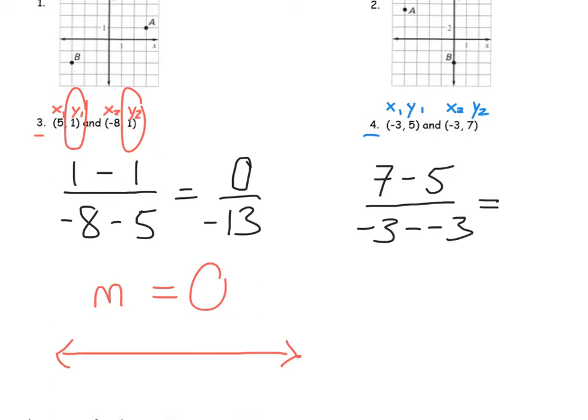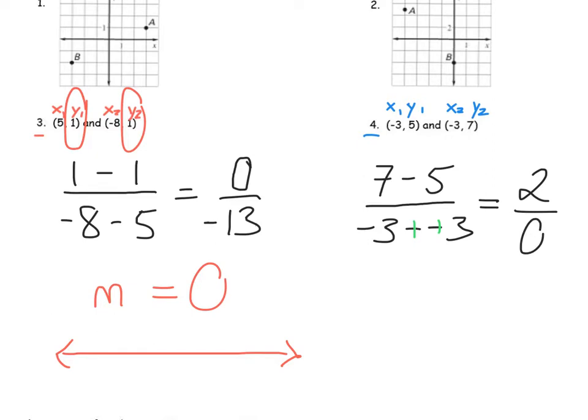So in my numerator, the first part of my ratio is going to be 2 for the rise. And then in my denominator, my run, it's going to turn to positive. So I have -3 plus 3, which is going to give me 0.